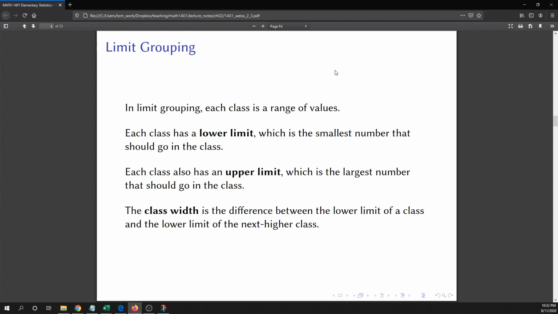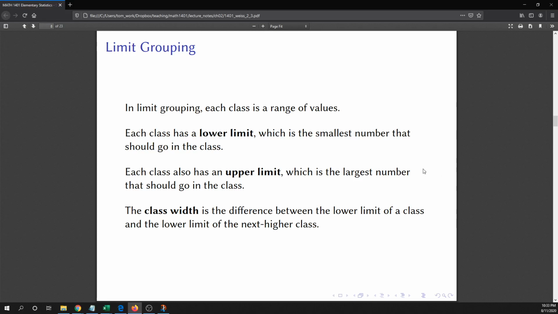In limit grouping, each class is a range of values. Each class has a lower limit, which is the smallest number that should go in the class, and an upper limit, which is the largest number that should go into the class. The class width is the difference between the lower limit of a class and the lower limit of the next higher class.